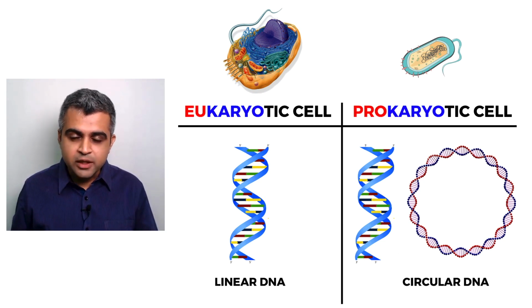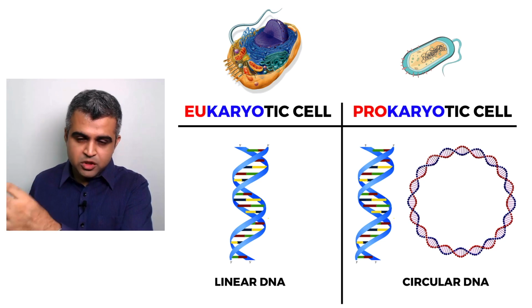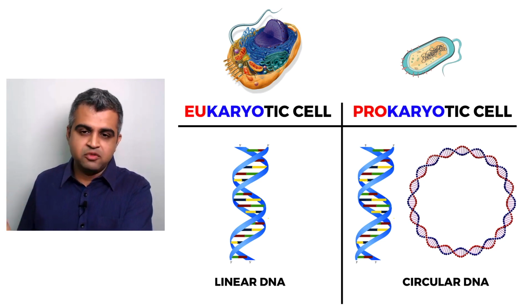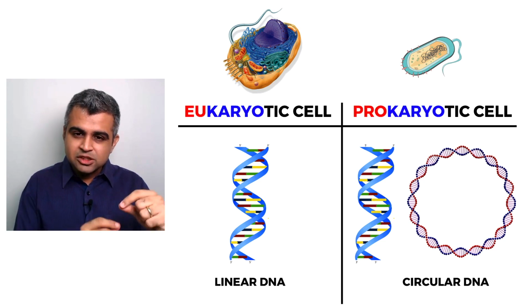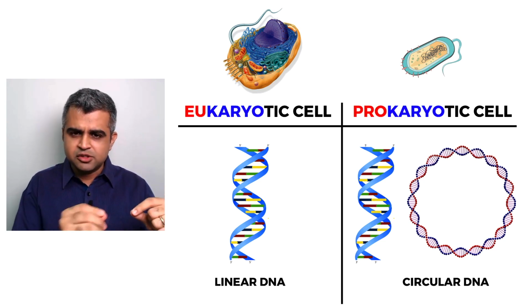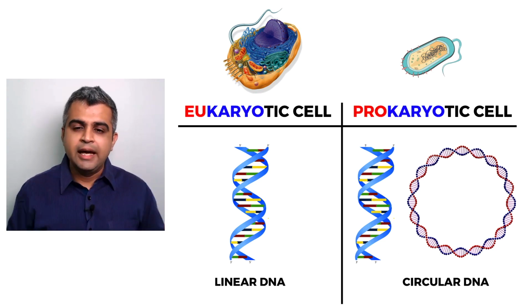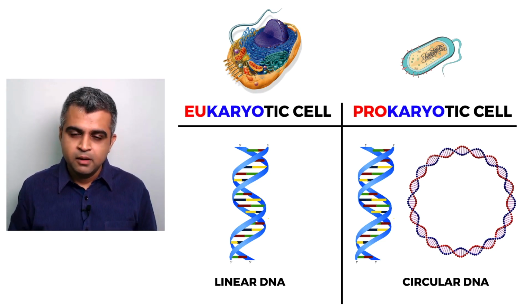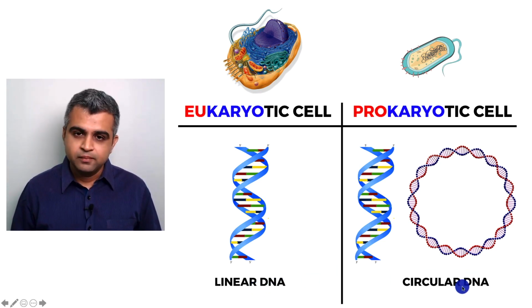So what is the difference between eukaryotic and prokaryotic DNA? Eukaryotic DNA has ends which are present. You can find them if you want to. Whereas in a prokaryotic cell, the DNA structure is the same, the same helical structure, but you cannot find the ends because they are joined. So basically it goes round and round in circles, and hence it is called circular DNA. So you have linear DNA and circular DNA.